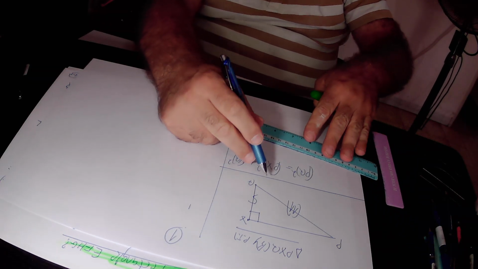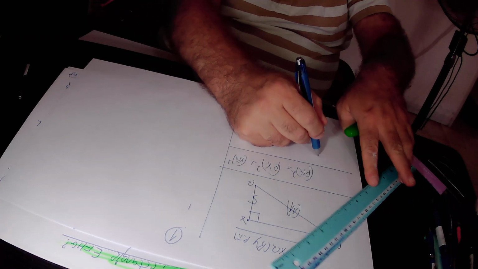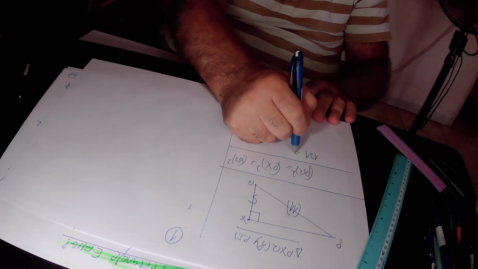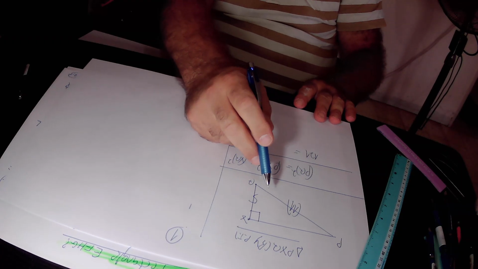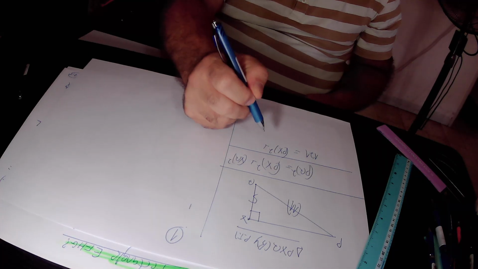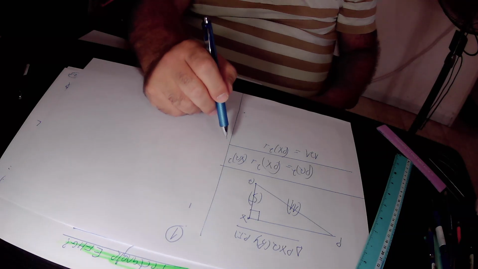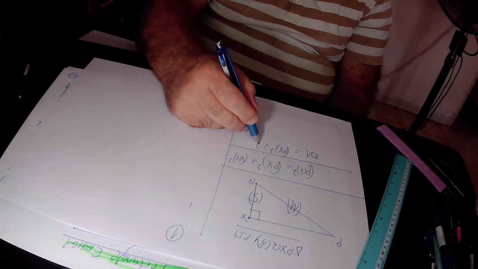PQ is 11, therefore PQ squared is 11 squared, that is 121, and it is equal to PX squared. PX is the missing side, so we leave it as it is, plus XQ squared. XQ is 5, therefore XQ squared is 5 squared, that is 25.